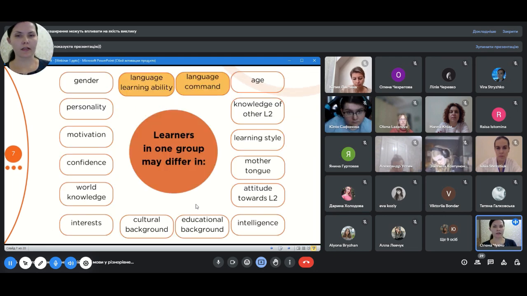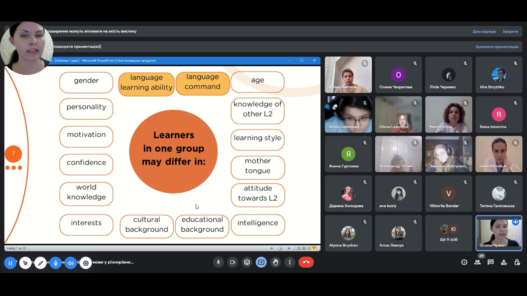Here you can find some of them, but not all. Learners in one group may differ in gender, personality, motivation, confidence, world knowledge or background knowledge, interests, cultural background, educational background, intelligence, attitude towards the foreign language they're learning, their mother tongue, their learning style, knowledge of other foreign languages, their age.